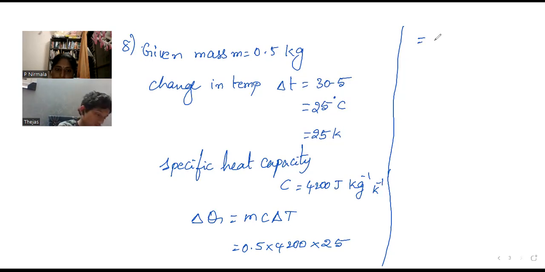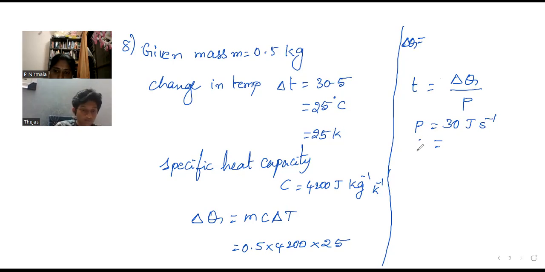How much? Multiply delta Q, you'll get it. Then write T equals delta Q by P. So what you are getting, write it, and P they have given 30 joules per second. Multiplication, how much you got? Here one decimal remove from 1.0.